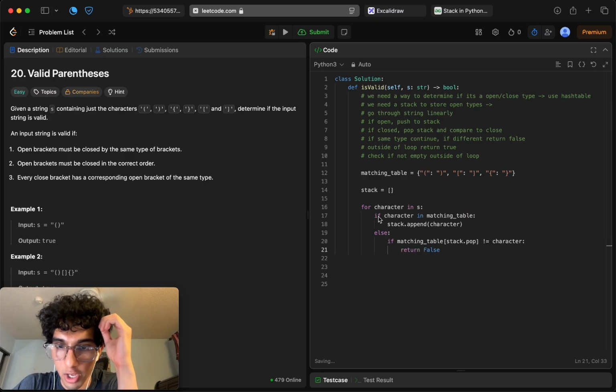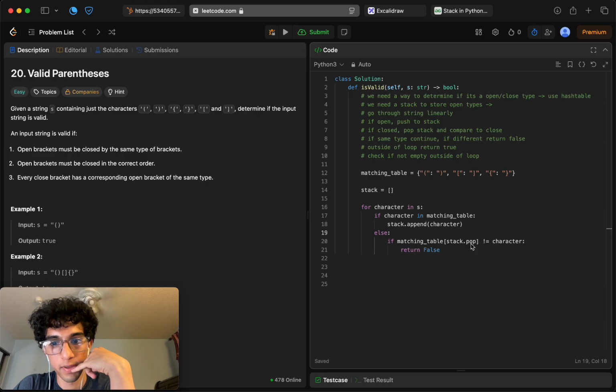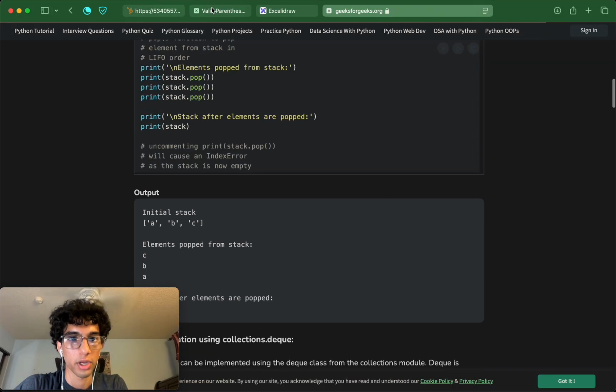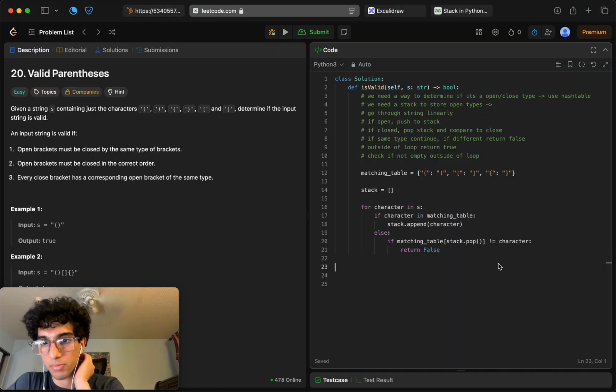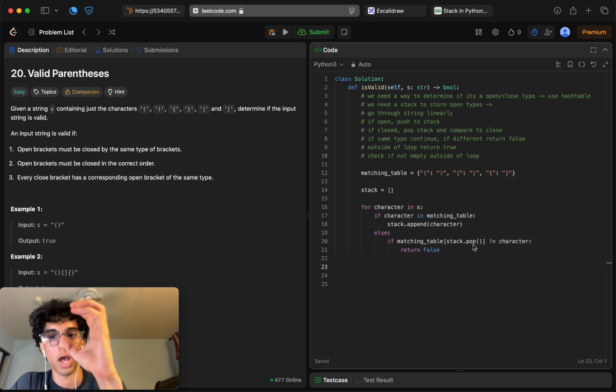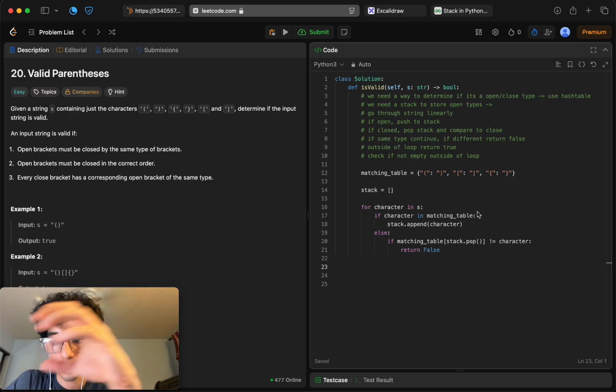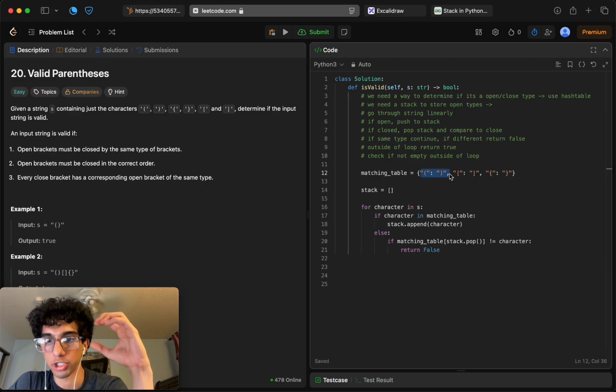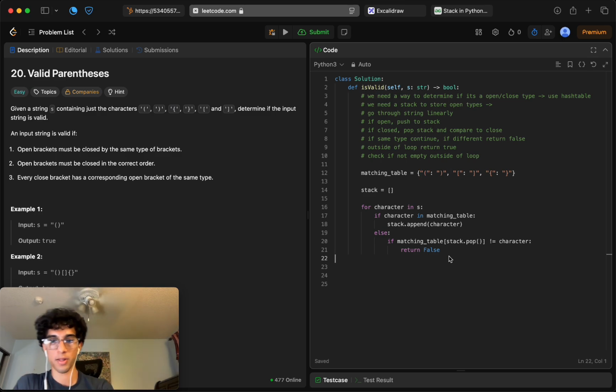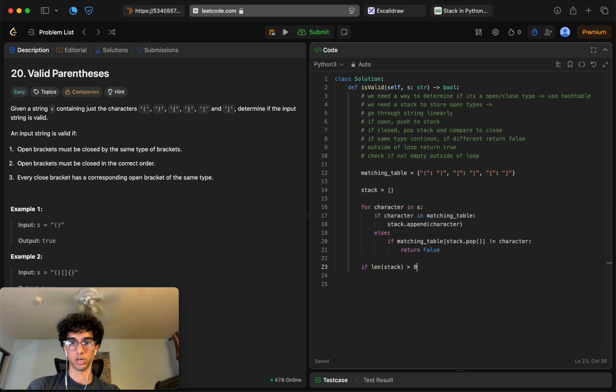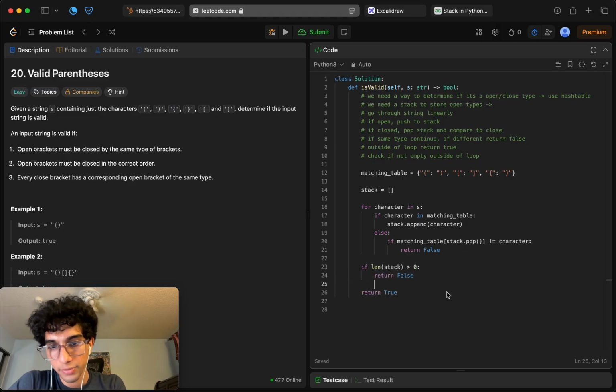Because if it's not an open type, it's a closed type. Pop, okay, that would be an attribute, not a method. So we pop the last opening type, right? Because we're only pushing opening types, and if the last opening type doesn't match, we would just return false, and then we would just keep going. And outside of here, if length of stack is greater than 0, return false, return true.